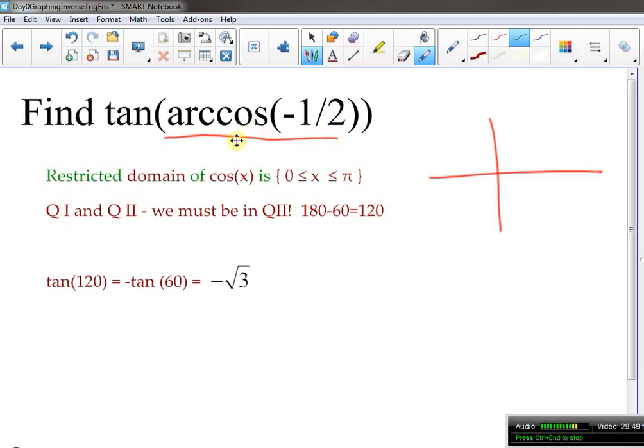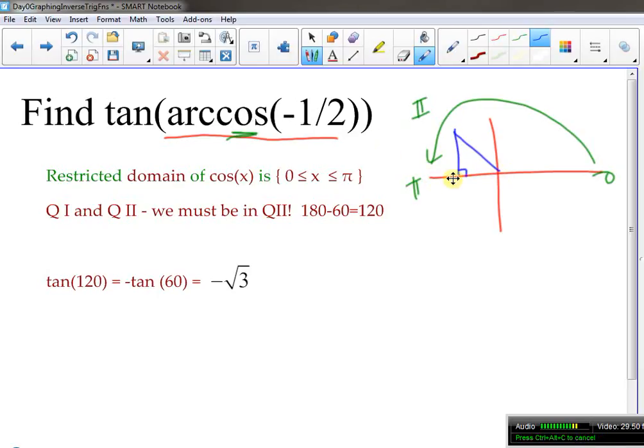We have to remember what the domain of the cosine function is. That's something you memorized. That is in between 0 and pi. Well, if 0 is here and pi is here, that means that we have a choice between quadrant 1 and quadrant 2. Well, if the cosine was a negative number, we have to be in quadrant 2. So that's where we're going to draw out our triangle.